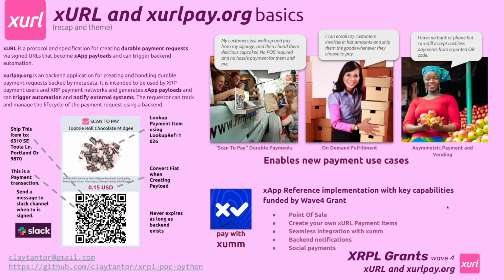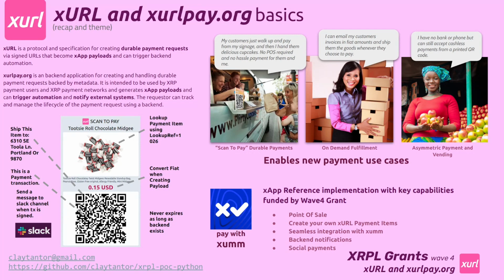So, what is an XURL? Essentially, it's a protocol for specifying a payment request in a durable way, in a way where you could print it, or put it on your wall, or put it on a keychain holder, or whatever, so that the payer just needs to scan that QR code whenever they want in order to generate payment.